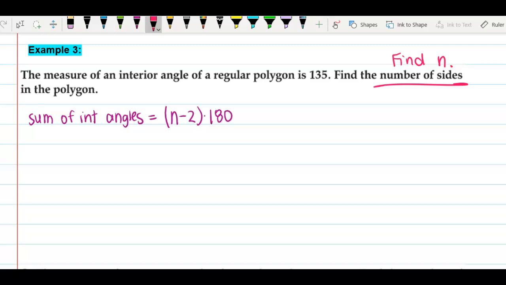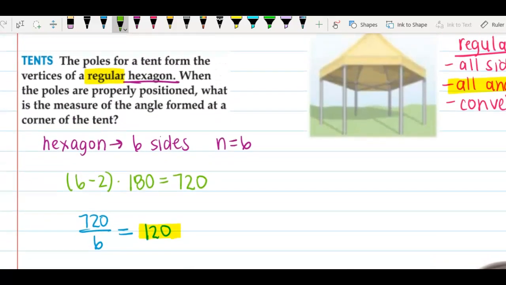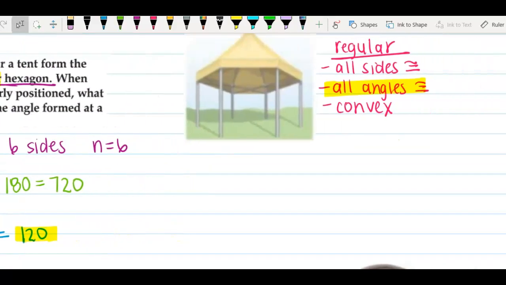Okay, so we're going to use this equation, and we're going to use it a little differently this time. The big thing is that it's a regular polygon. So if it's a regular polygon, just like we did up here with our tent, all the angles are congruent.